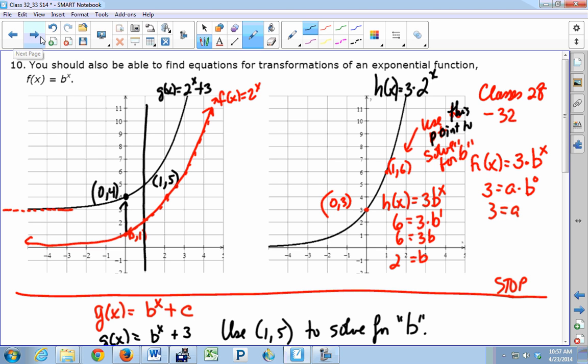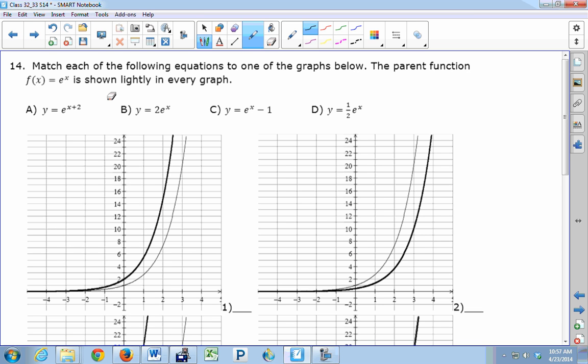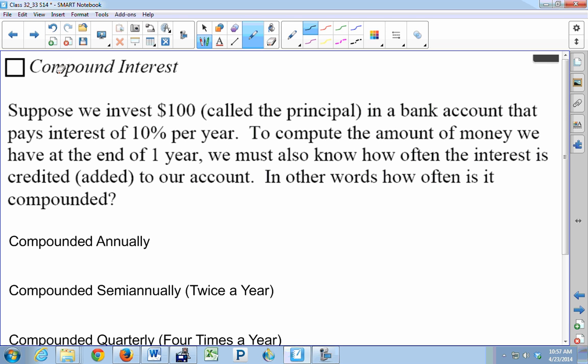Okay, so at the end of class today, you're going to have lots of times to name that exponential function, but we're not doing this right now. We're going to continue along. And you're also going to have a chance to match some functions. But before we do that, I did not include on your homework that's due Friday problems that involve interest.